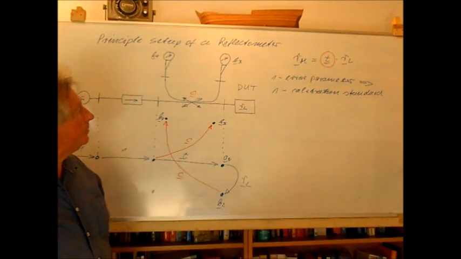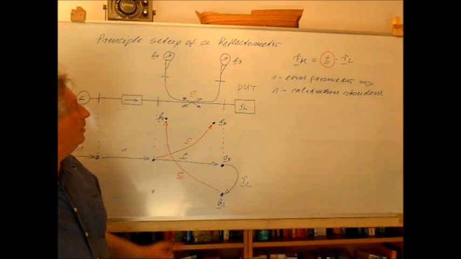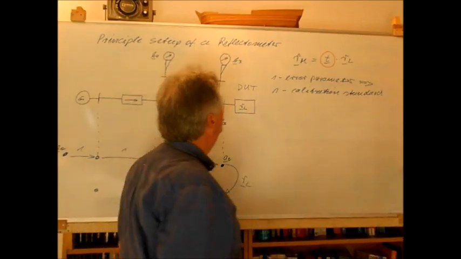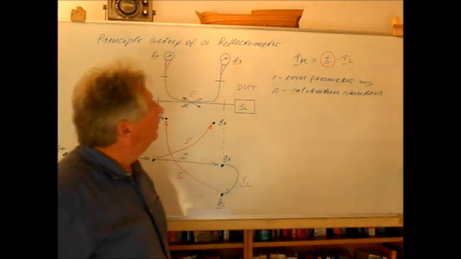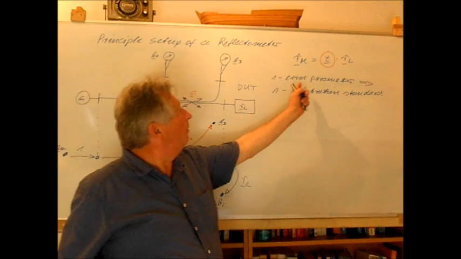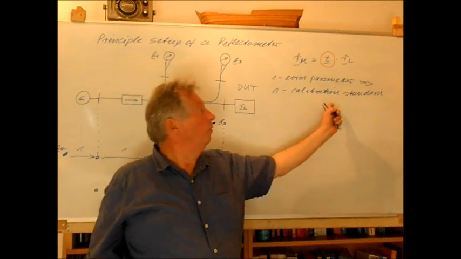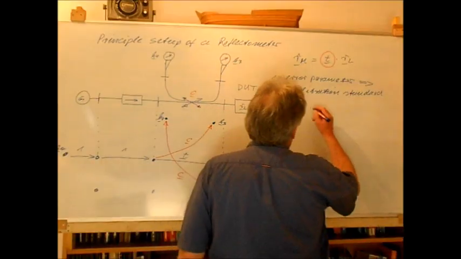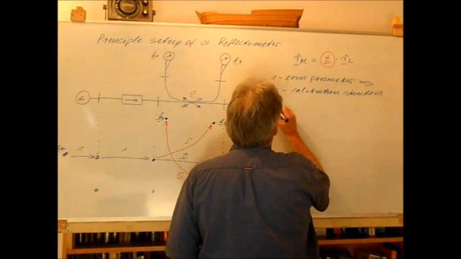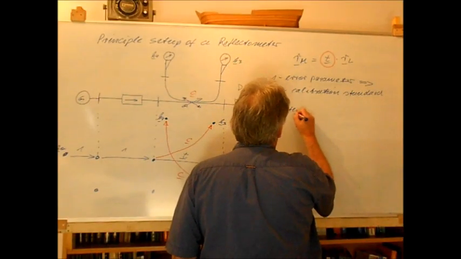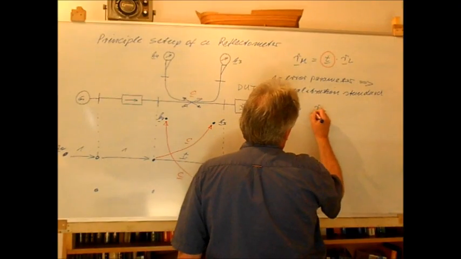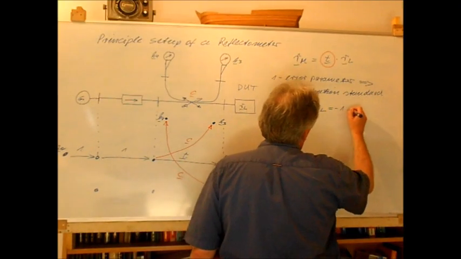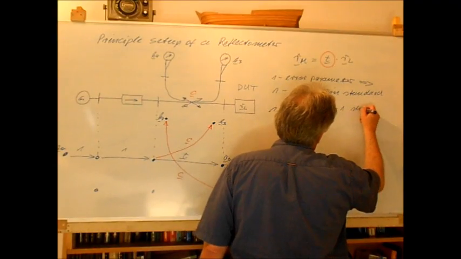To correct for this error, we must in principle do a calibration process, and the calibration process is like this. To correct for one error parameter, we need one calibration standard. For example, in the first step, we use a load reflection coefficient of -1, which means a short circuit.